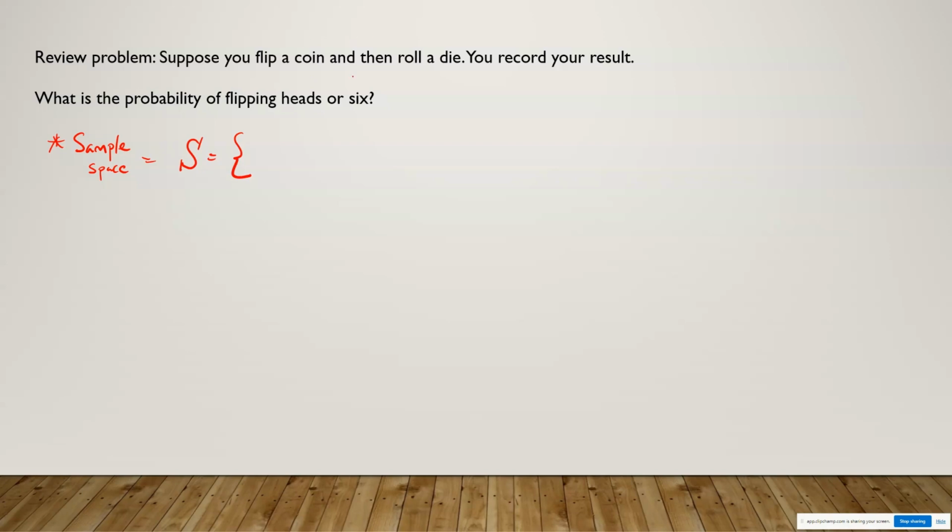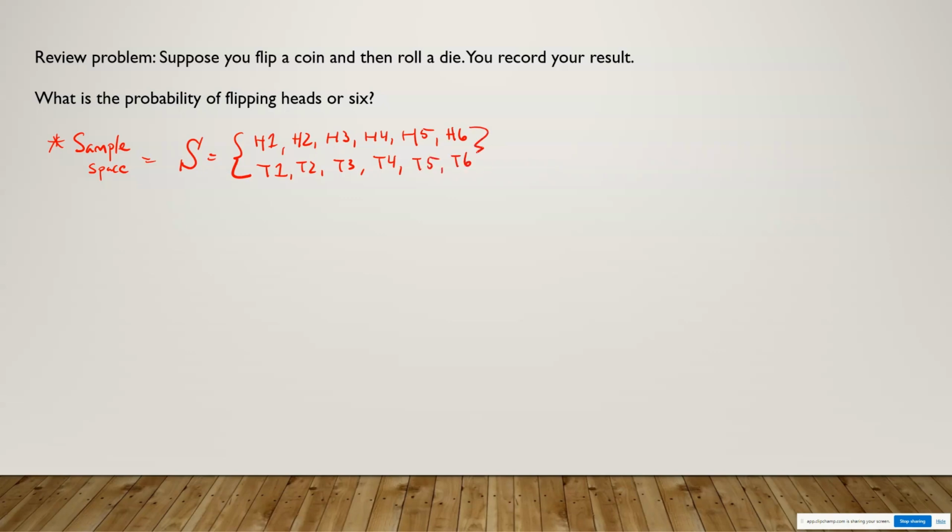So we're going to flip a coin and then roll a die. So you could flip heads, roll a 1, heads, roll a 2. This is how I'm going to write the outcomes. Heads 3, heads 4, heads 5, and then heads 6. Or you could get a tail, then a 1, tail, then a 2, tail, then a 3, tail, then a 4, tail, then a 5, and then a tail, then a 6.